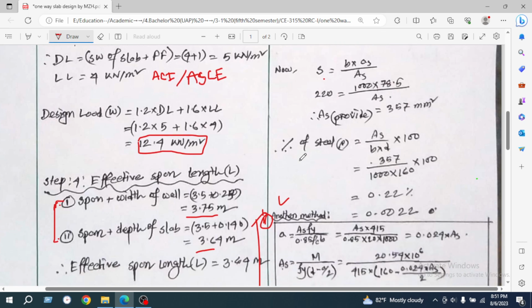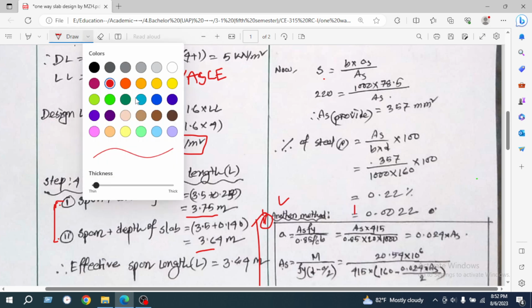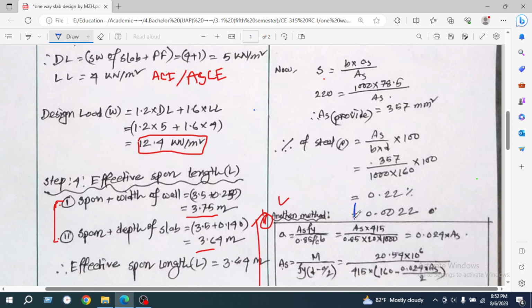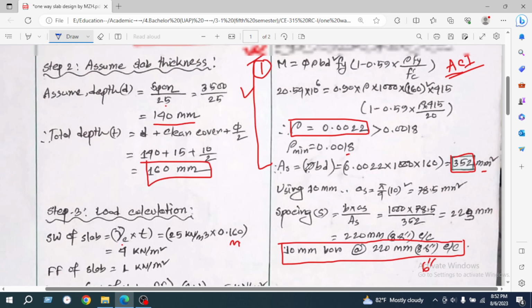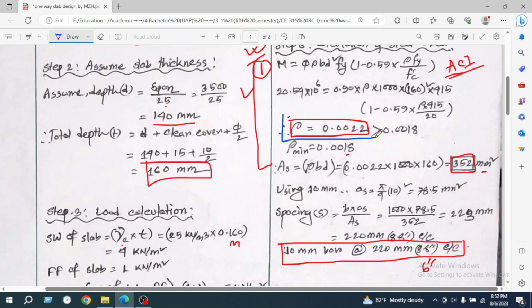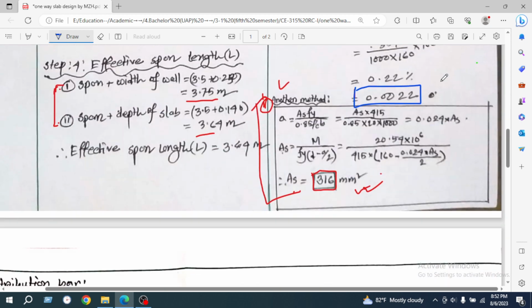Then we check the steel ratio, rho equal to As divided by b d, equal to 375 divided by 1000 into 165, which is 0.22% or 0.002. We already found the rho value 0.002, so this is okay.